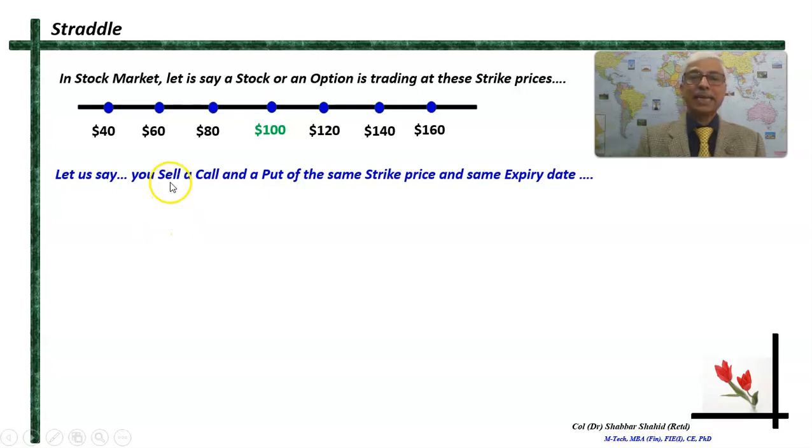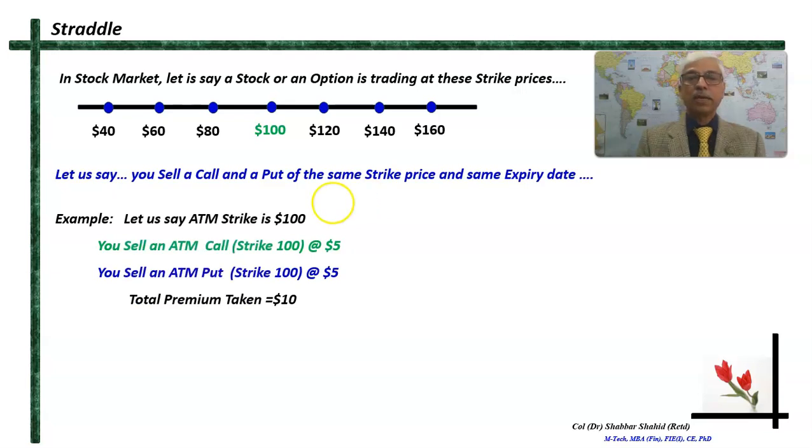That means you sell a call and you also sell a put of the same strike price and the same expiry date. So if 100 is the at-the-money price, you sell an ATM call, and because you are selling, you receive a premium of $5 or rupees or whatever. Don't worry about the figure. It could be 5, it could be 7, it could be 500, depending on the option and the time you are trading.